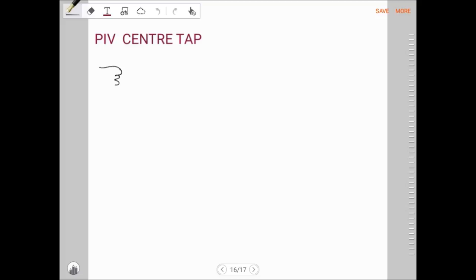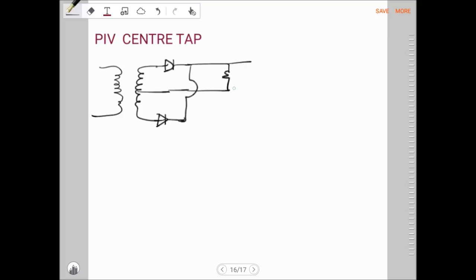You have a special transformer with a Centre Tap, and you have a diode over there, and also a diode over here. Then these are connected together, connected to the resistor, and the output is taken across the resistor. Basically this is the circuit.